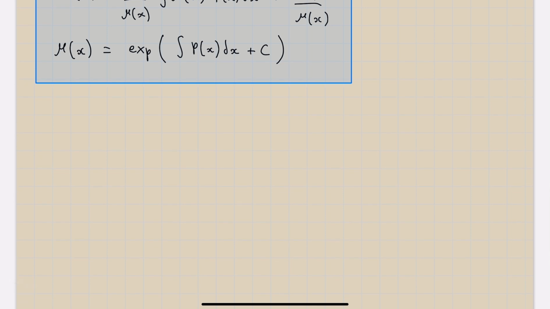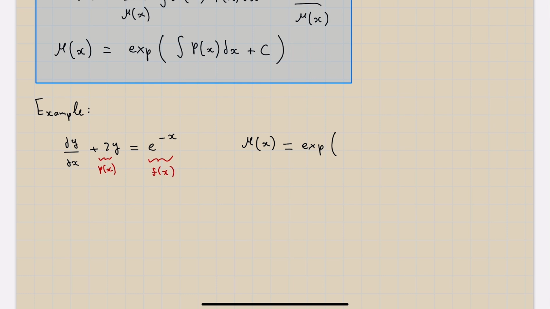Okay, let's do a simple example. We have dy/dx plus 2y is equal to exponential minus x. Our mu(x), according to our procedure before, is the exponential of the integral of p(x). So let's identify what p is. This is my p(x), which is constant, and this is just my f(x).